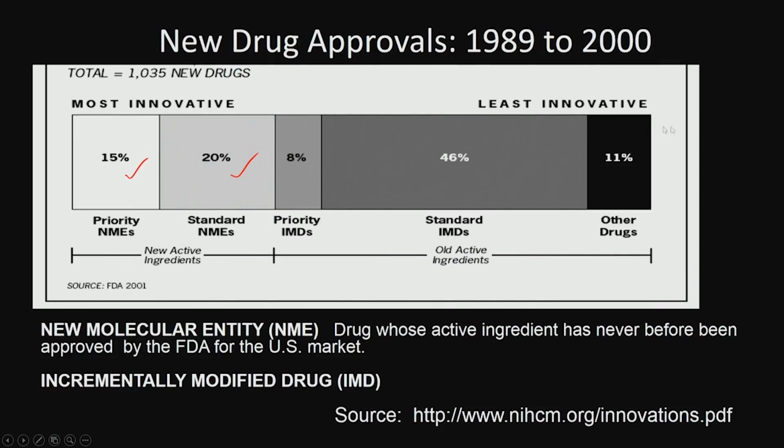So, most of it, as you can see here, incremental, standard IMDs, priority IMDs, almost 60-70% is that. So, you have an old active ingredient and you make some modification. So, here there is not much invention, whereas these new molecular entities are inventive, that means totally new compounds.